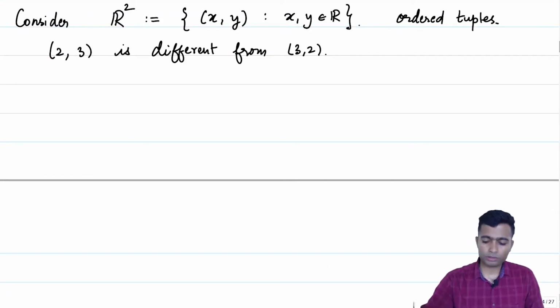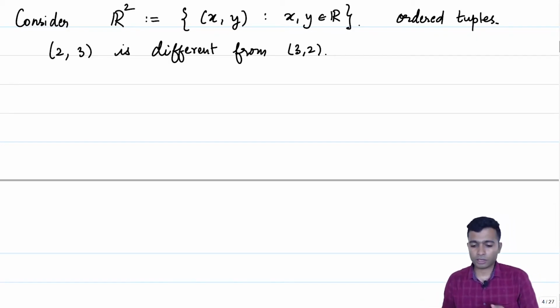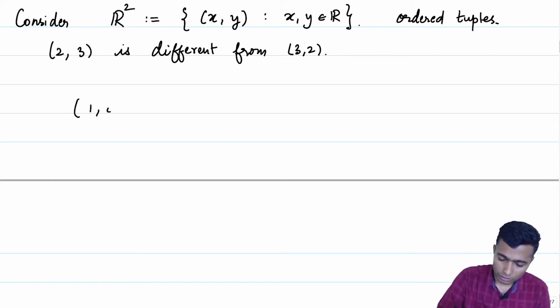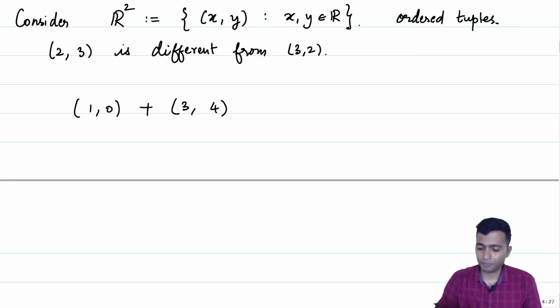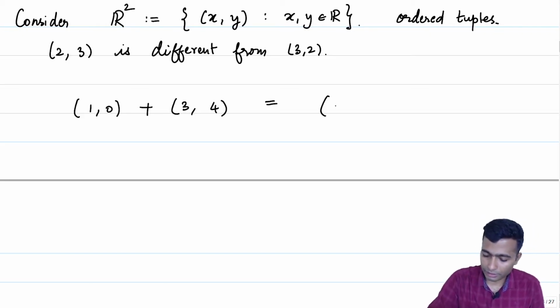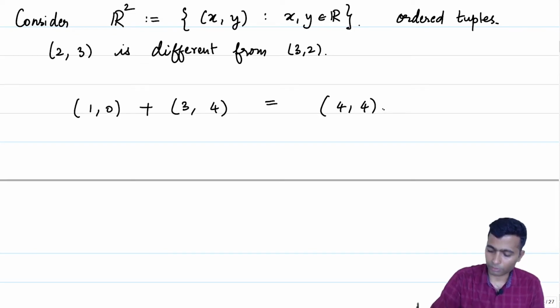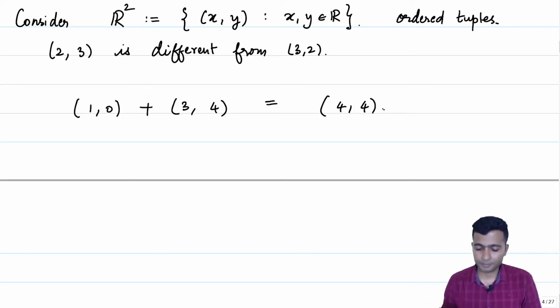And we are also quite familiar with the notion of adding two elements in R2. So if say (1, 0) and (3, 4) are given to you, we know that we can write the sum as (4, 4). Right? We are also familiar with the notion of multiplying a scalar to a vector in R2.